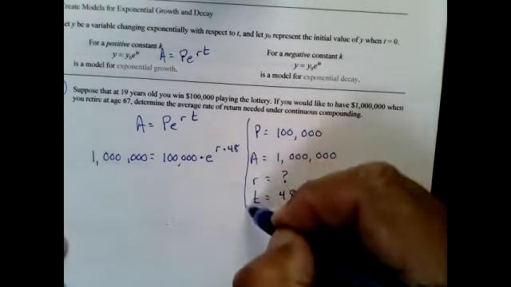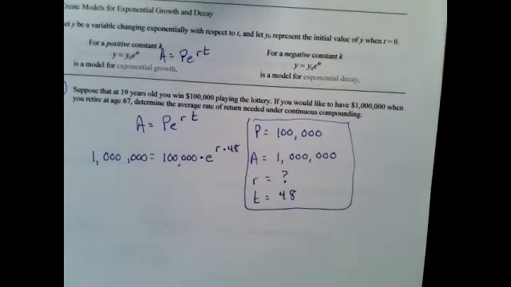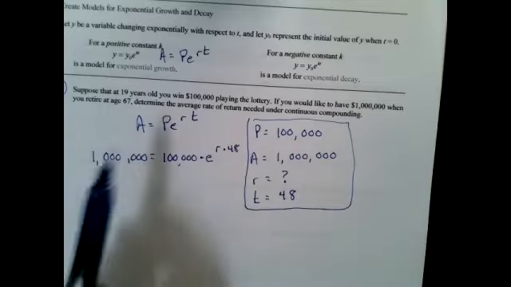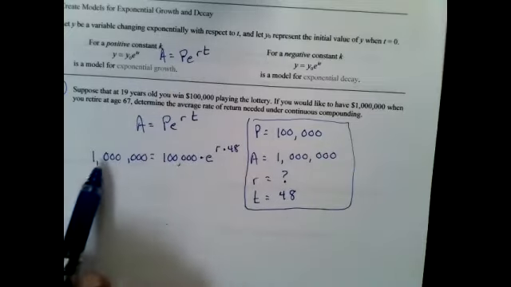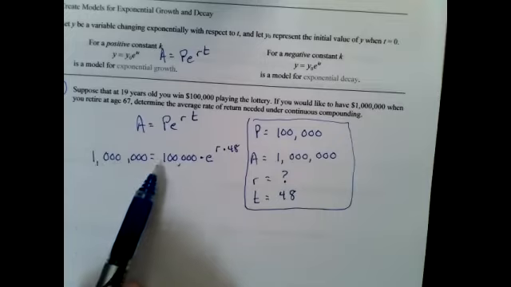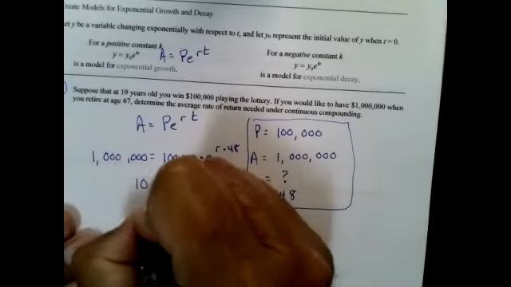I would like to now solve for r. What rate would I need if I took this $100,000 away? Well, this is sort of like we were doing at the top of the page. I'm going to divide 1 million by 100,000. That's not so bad. That becomes 10.